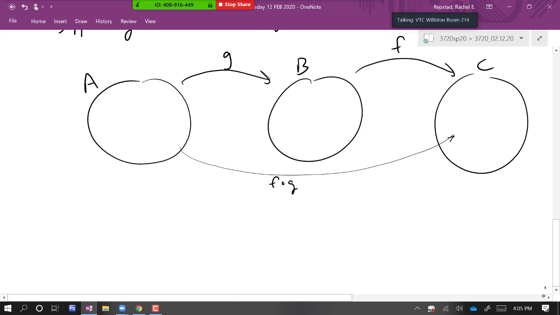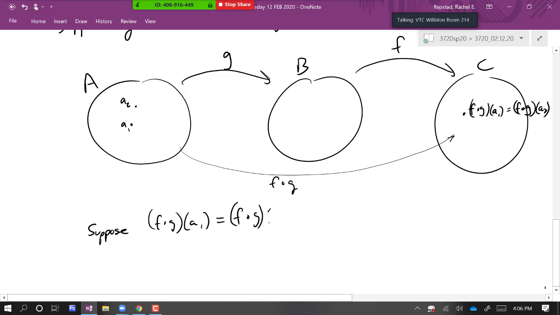So what you want to do is suppose f of g maps from A into C. I want to suppose that I have two elements, maybe a1 and a2, so that if I send them through the composition f of g, they land at the same point. So we suppose that f of g of a1 is equal to f of g of a2, and you want to show that a1 is equal to a2.